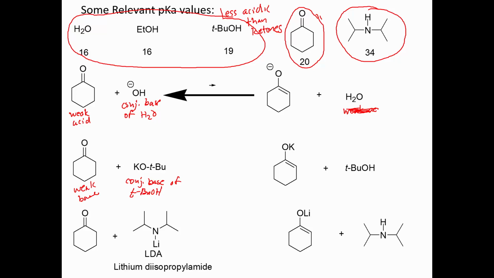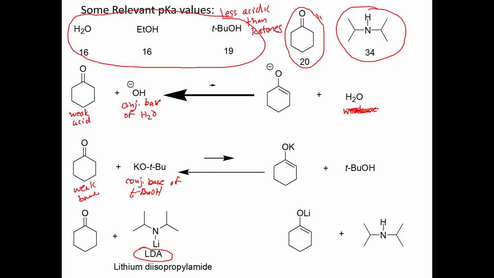I'm going to draw representative arrows that show a closer equilibrium, closer to 1 to 1.